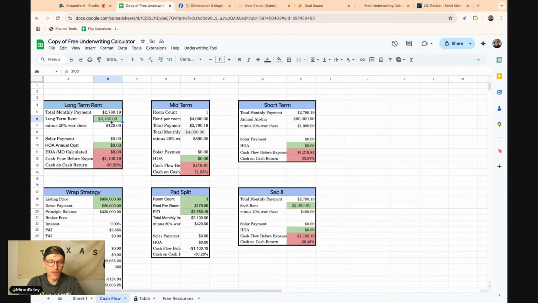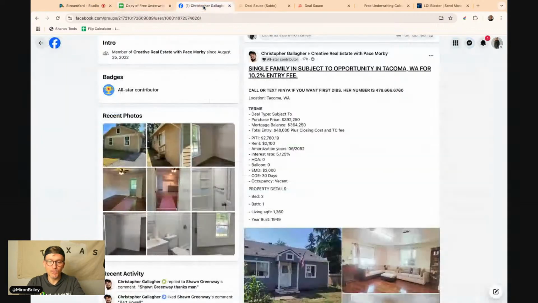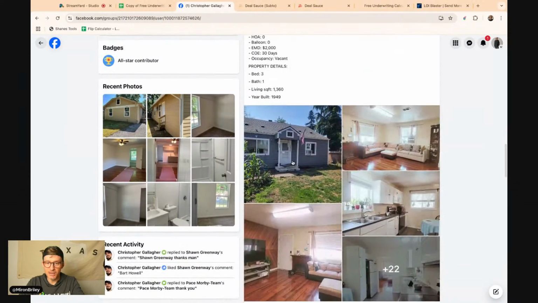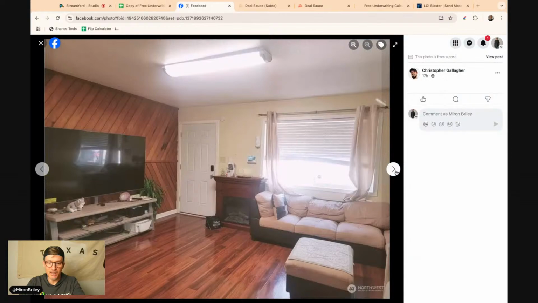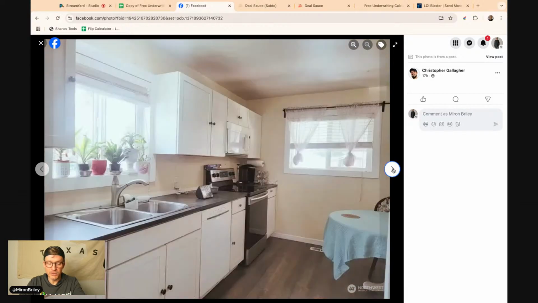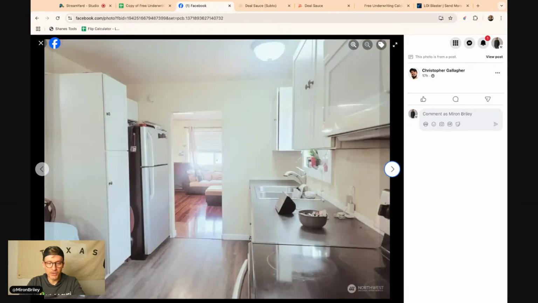I mean, so how else could this work? Why would someone buy this Tacoma, Washington deal? 10% entry fee. It's not a bad house. Looks kind of cute. I'm not sure how these in-window units are working there, but it looks clean.